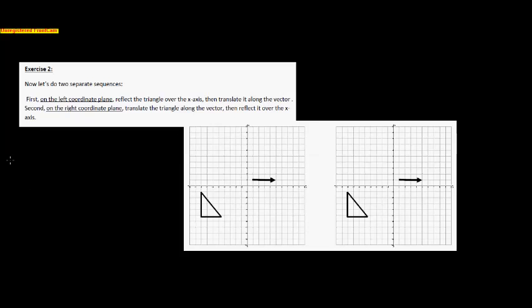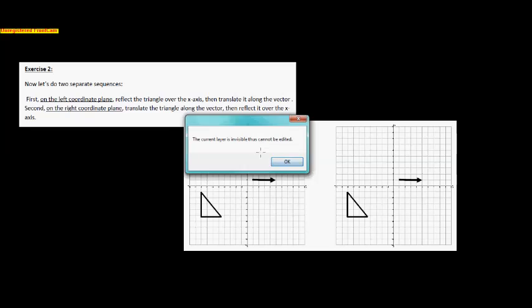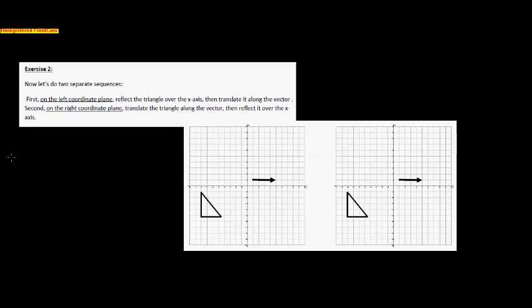Alright, so let's put down our rule for reflecting over the x-axis. Alright, and if you remember, it's very similar to reflecting over the y-axis, but instead this one changes the y-coordinate to be opposite.